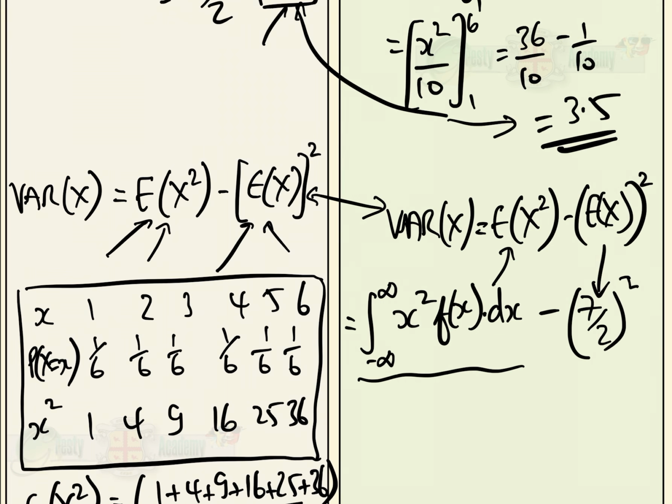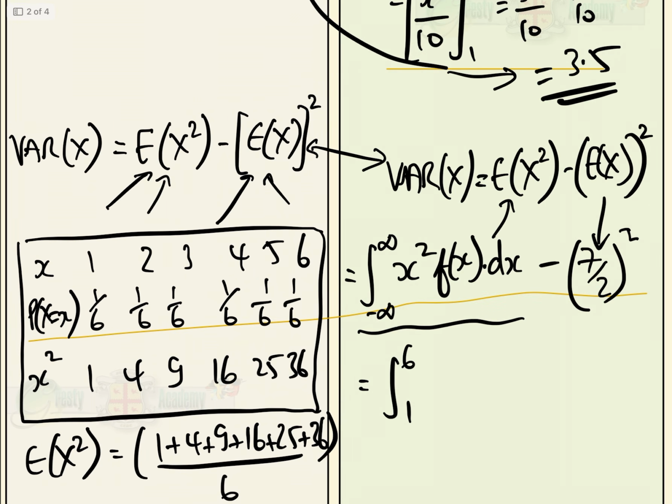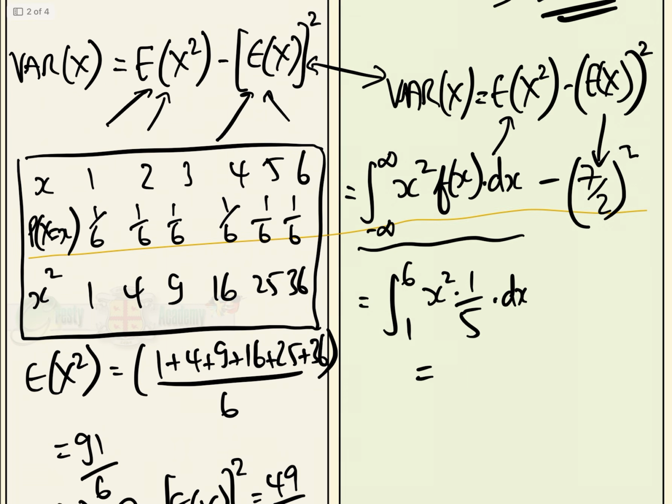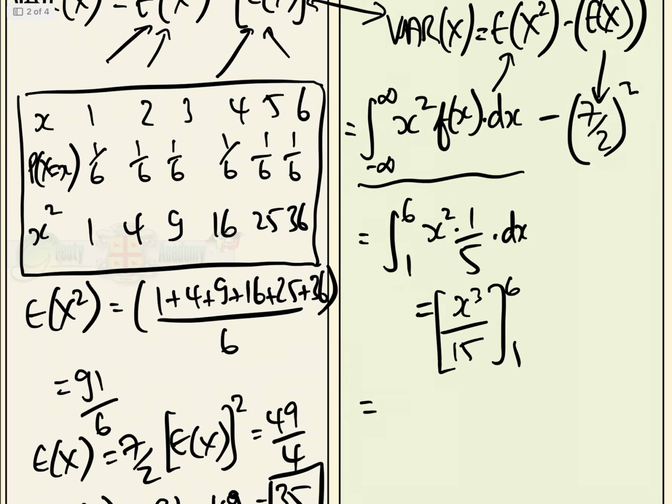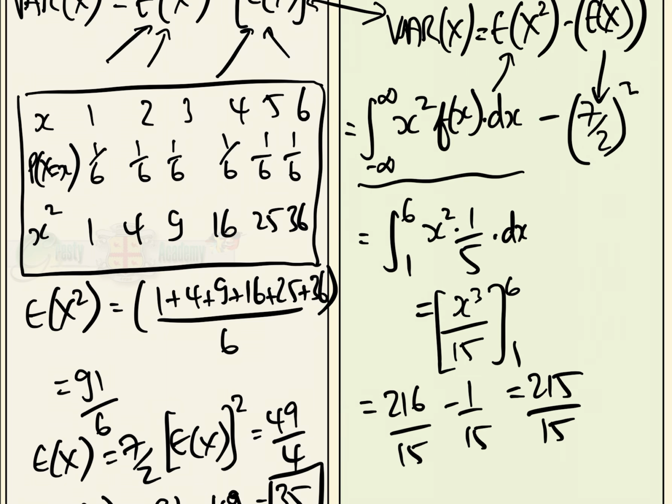So all we need to do is another integral here. We've already said that we only need to do it for our dice between 1 and 6 of x squared times a fifth dx, which equals x cubed over 15 between 1 and 6, which equals 216 over 15, take away 1 over 15, which is 215 over 15, which is 43 over 3.